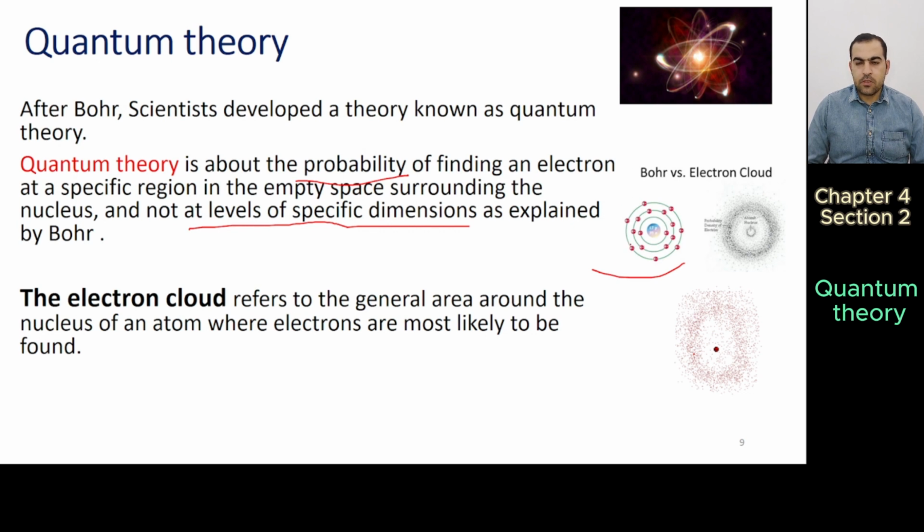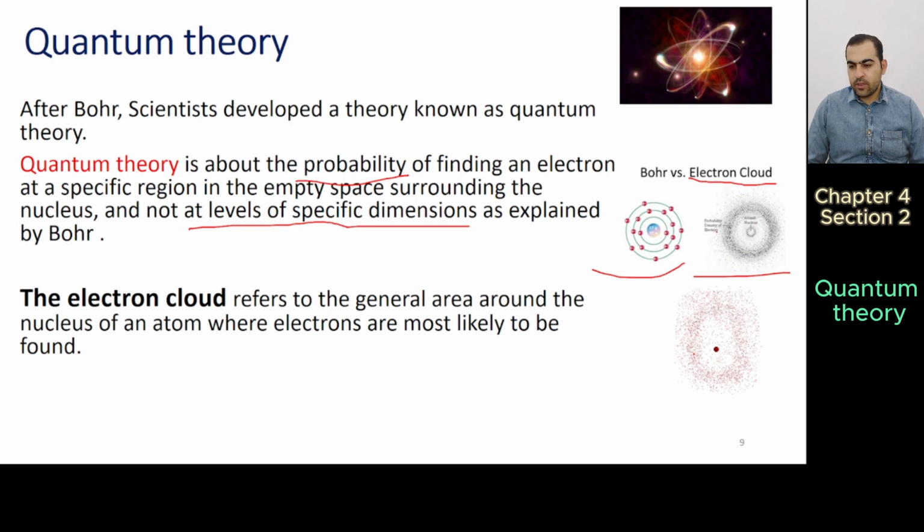They said the electrons move like waves. Look at this picture, this is the electron cloud. We don't know exactly where the electron is according to quantum theory, so we get a probability.